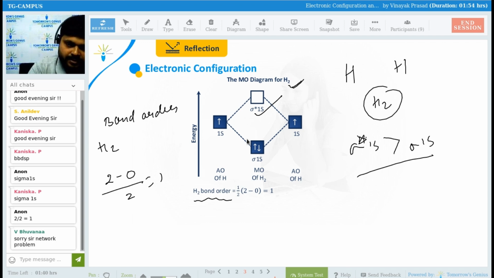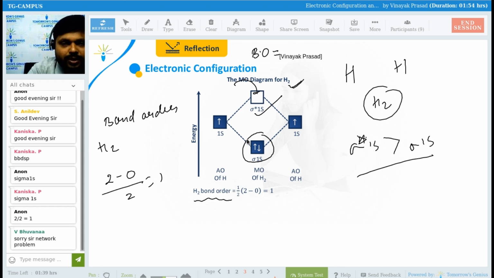So 2 minus 0 upon 2 will be the bond order. So what will be the formula that we will be drawing?